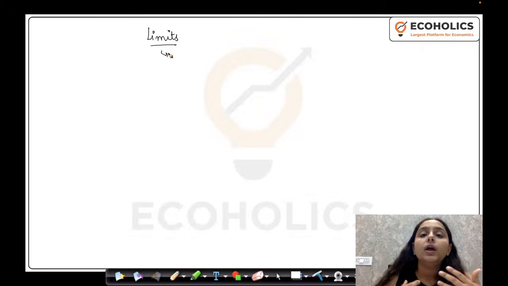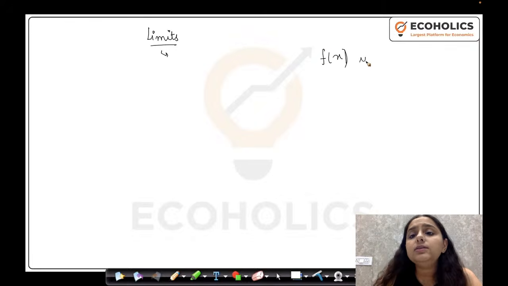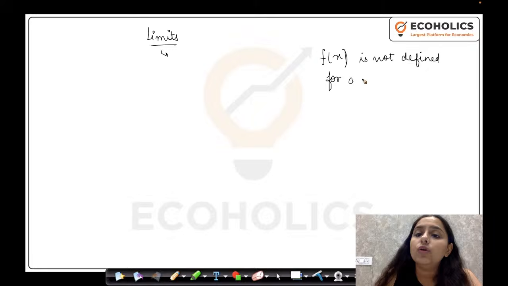Limits is always taken for functions. Why? Because many times the value of function f of x is not defined for a particular value of x.